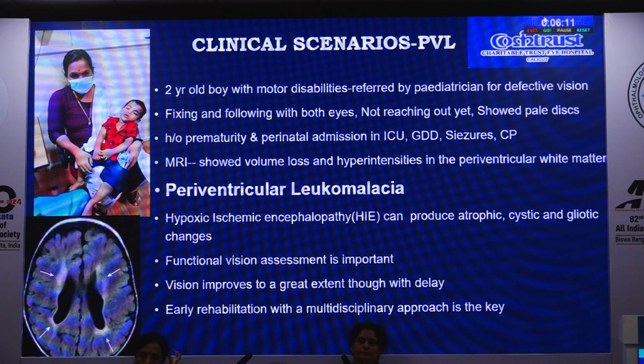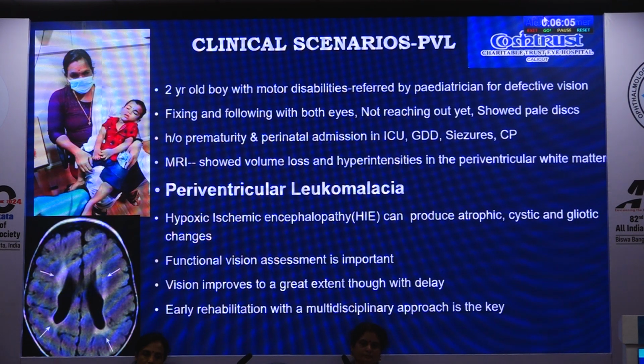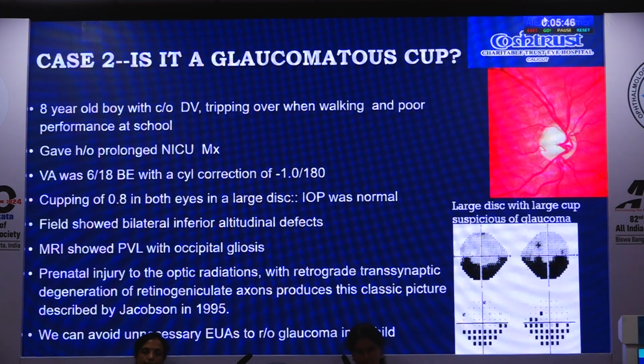MRI showed volume loss and hyperintensities in the periventricular white matter, as you see in this picture, and he was diagnosed with periventricular leukomalacia. Hypoxic ischemic encephalopathy can produce atrophic, cystic and gliotic changes also. Functional vision assessment is important in these cases, and vision improves to a great extent over time. Early rehabilitation with a multidisciplinary approach is necessary.